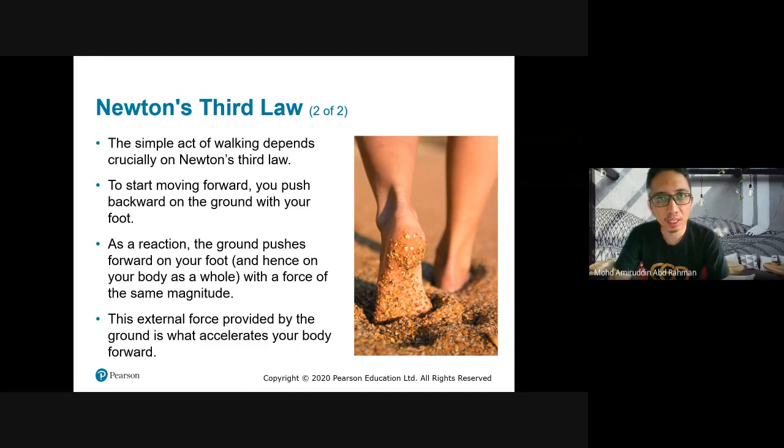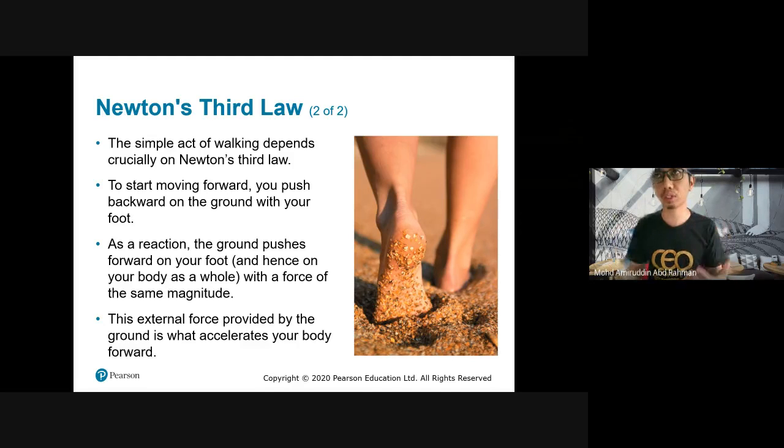So when we walk, of course we push ourselves. It's like we push ourselves forward, but actually we push backward.